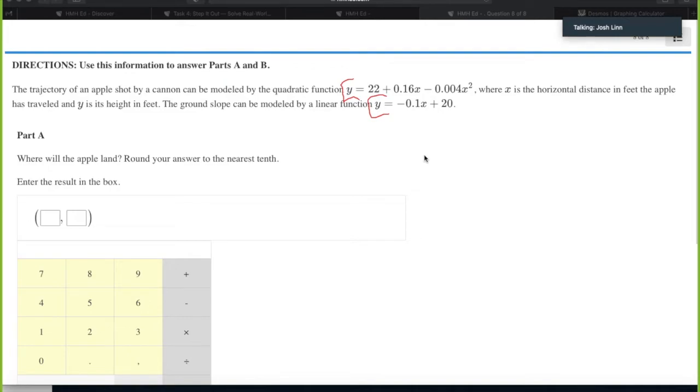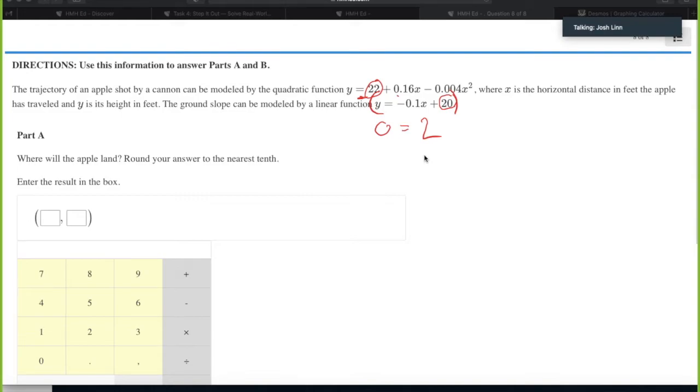Elimination would be the best bet because we can just subtract those two and then go from there. Obviously, we're going to have to use our calculators because it's going to get pretty nasty with some values like that. So we're just going to subtract that. So then we're going to have 0 equals 22 minus 20, so 2.